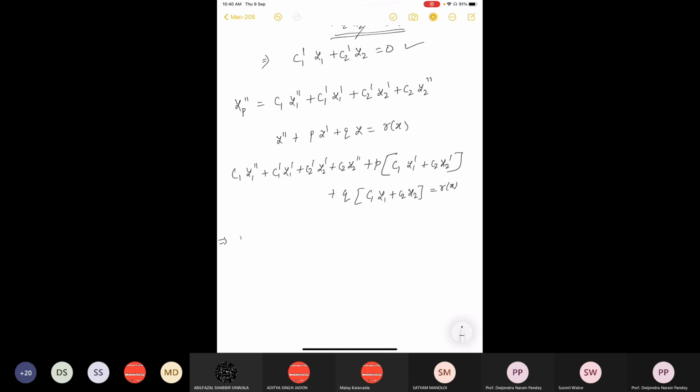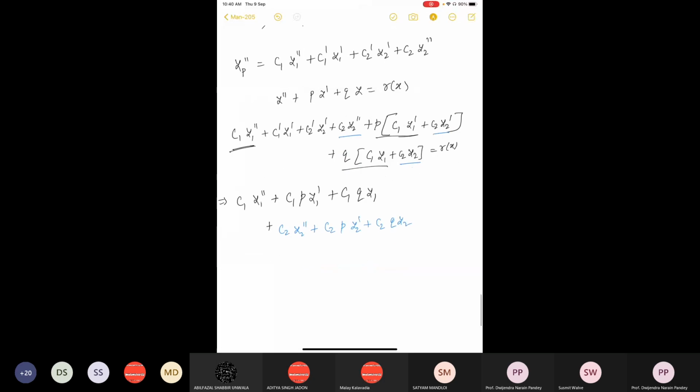So let me write it here: c1 y1 double dash plus c1 p y1 dash plus c1 q y1, plus, now writing this term, this, and this, c2 y2 double dash plus c2 p y2 dash plus c2 q y2. And what is left here?